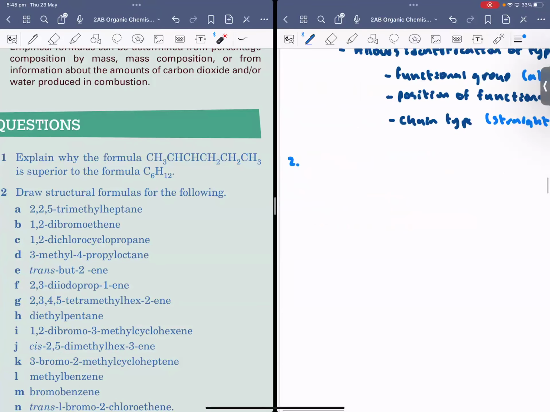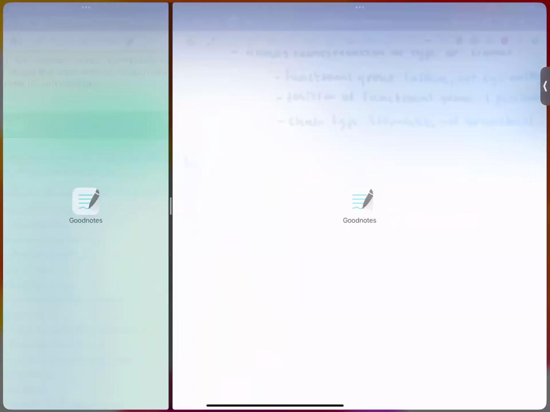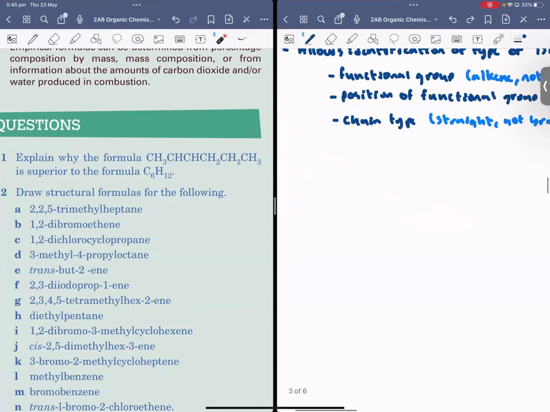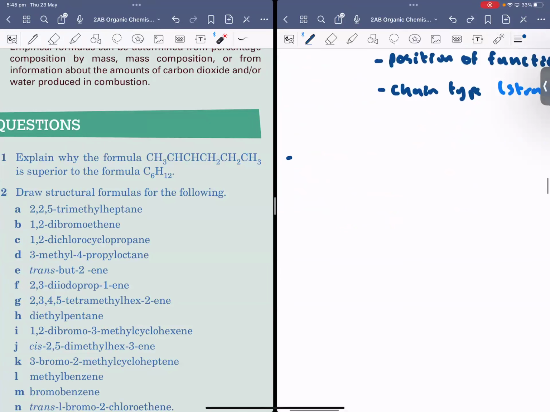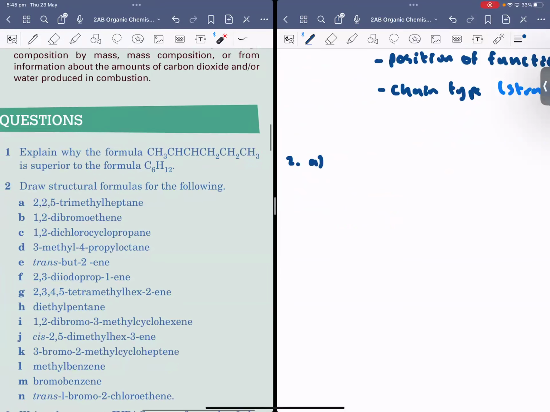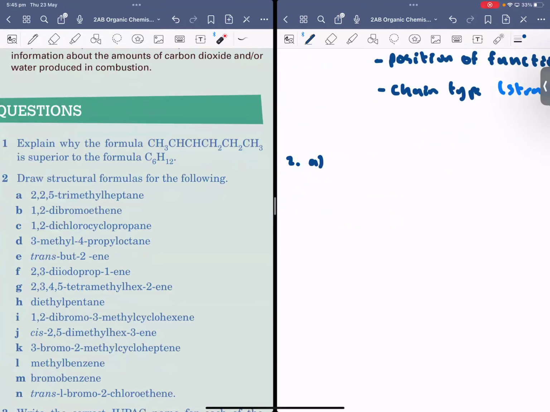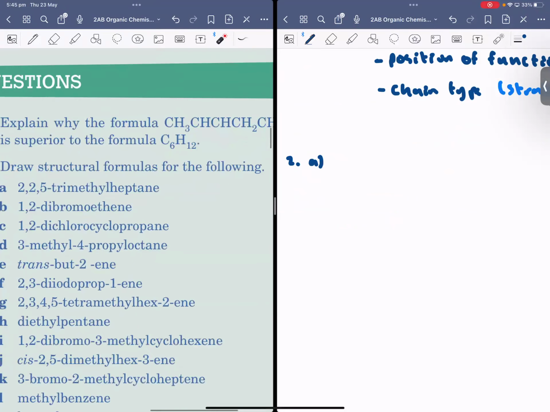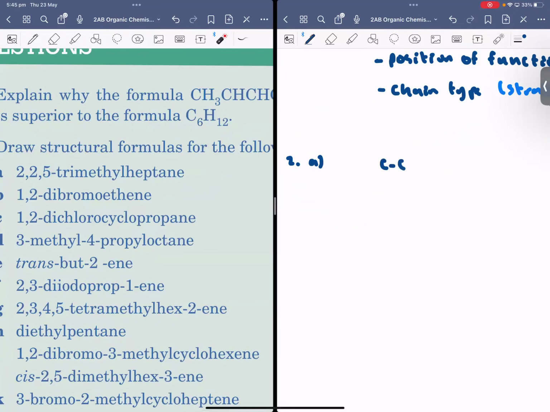Okay, I'm being lazy and I don't draw the H's, but remember you have to draw the H's yourself in your school exam. 2,5-trimethylheptane. 1, 2, 3, 4, 5, 6, 7. 2,5 trimethyl. So another carbon here, another carbon here. 1, 2, 3, 4, 5.